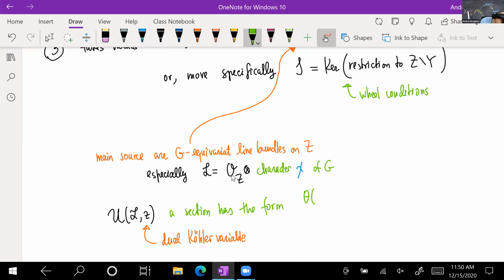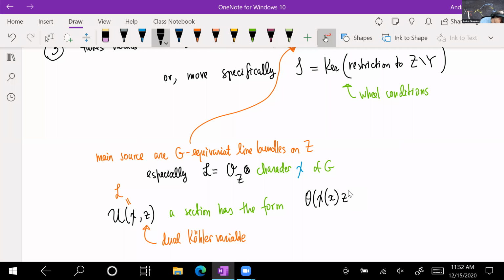So if this is my bundle, then the section would be just theta of chi here. So that's my L. Then I take theta of chi of x times z. X is my coordinates, chi of x is a function, theta of chi of x, maybe z.